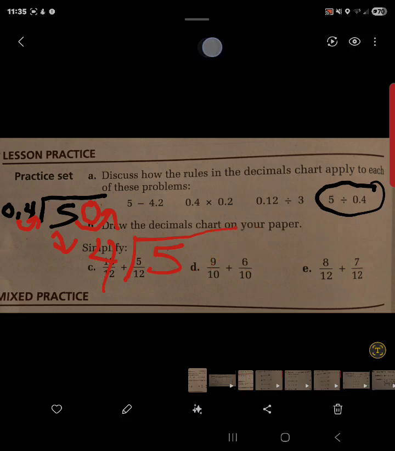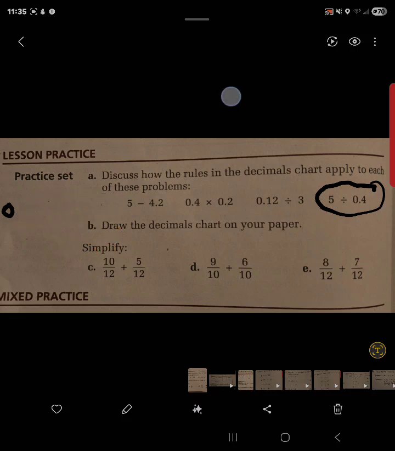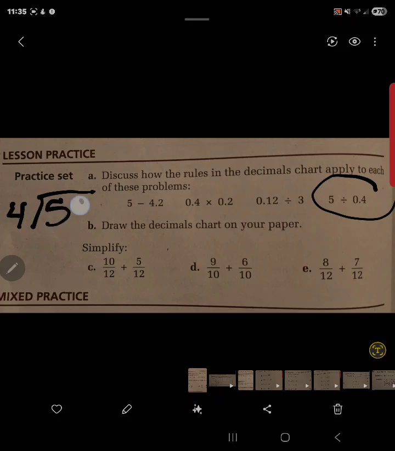All right, so let me rewrite that a little bit neater. I kind of did that a little bit on the crazy side. All right, so what we did is we rewrote this question like this. So this actually becomes 4 divided into 50.0, right?